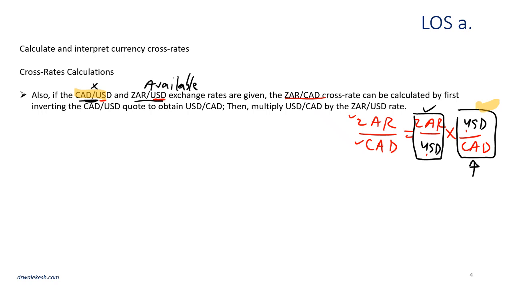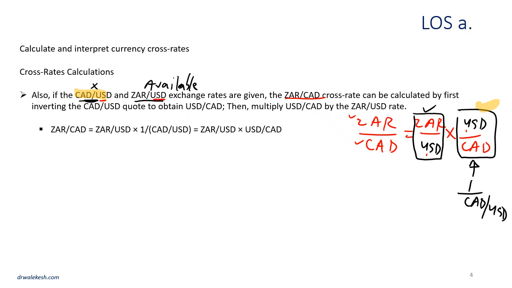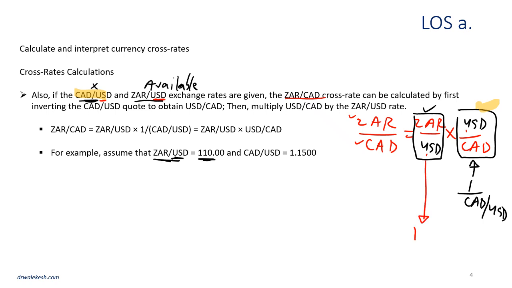So the inverse will be 1 over the Canadian dollar per US dollar. So let's assume that South African rand per US dollar is 110. Then Canadian dollar per US dollar is this, so times 1 over this, that would be 1.15.